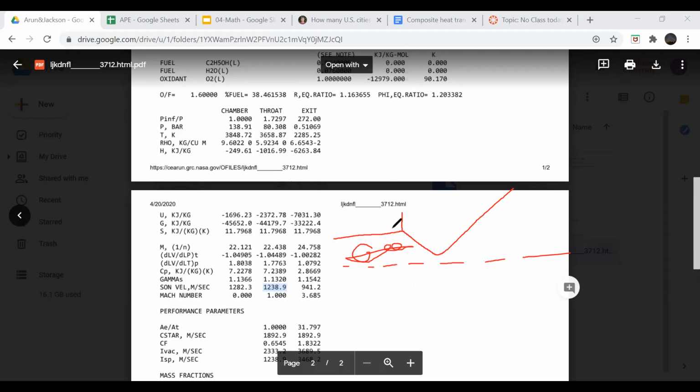Nozzle inlet obviously is at the inlet. Nozzle throat is at the narrowest point of the nozzle, and nozzle exit is the exit. Just making sure I wasn't confusing anyone with technical jargon. So that was the area at the throat of the nozzle.